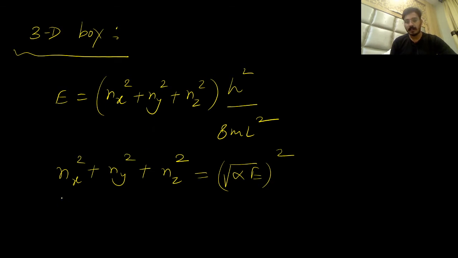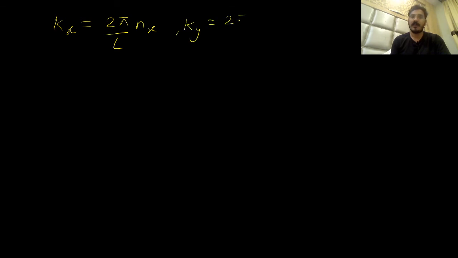so that nx² + ny² + nz², like x² + y² + z² = r², is the equation of a sphere. So we can know that nx, ny, nz are on a spherical surface. Okay, and we know that kx is 2π/L nx, ky is 2π/L ny, and kz is 2π/L nz.